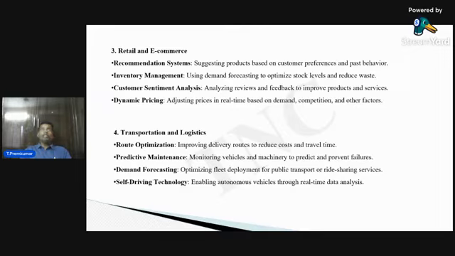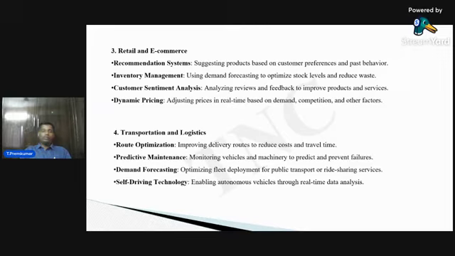The next is inventory management, using demand forecasting to optimize stock levels and reduce waste. In customer sentiment analysis, reviews and feedback are analyzed to improve products as well as services. Dynamic pricing allows dynamic adjustments in real time based on competition and other factors.